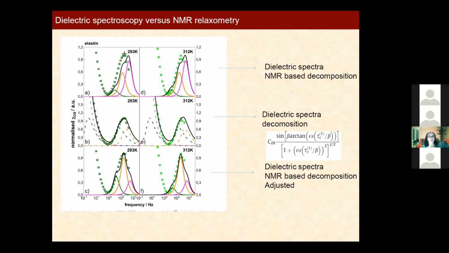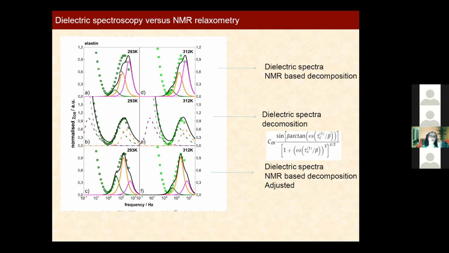You see, this is a fantastic agreement. I'm aware that the correlation time for dielectric spectroscopy is 3 times longer than for NMR, because in dielectric spectroscopy we have one correlation function, and for NMR, two correlation functions, so this is taken into account. The agreement is not bad.